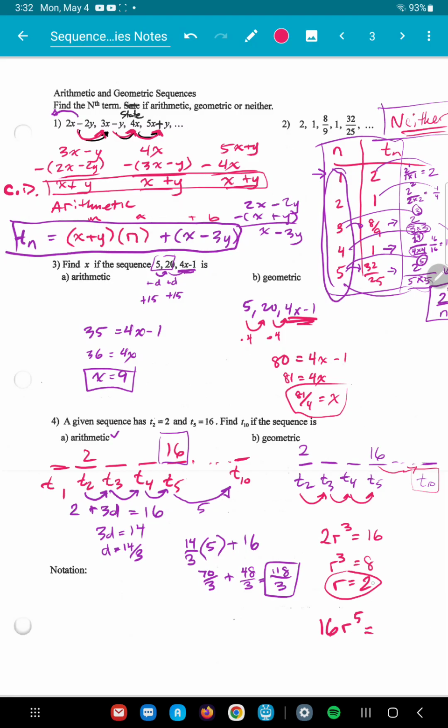And what's the r value? It happens to be 2. So we have 2 to the 5th, that'll give us 32, and 32 times 16, let me get my calculator out, is going to give us 512. Okay, and there we go. T sub 10 is 512.